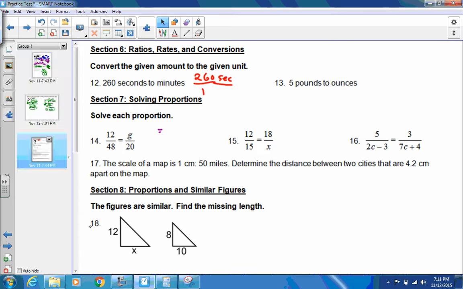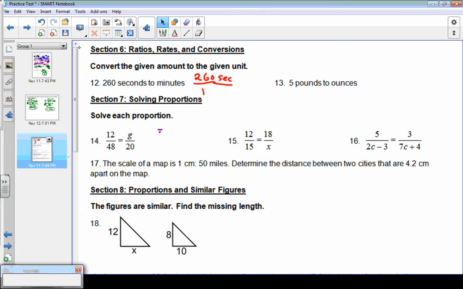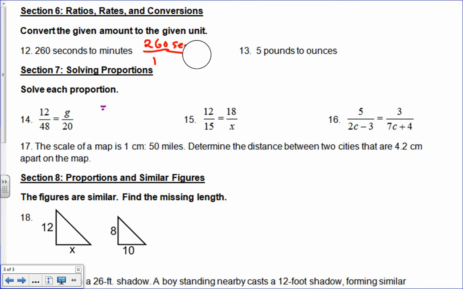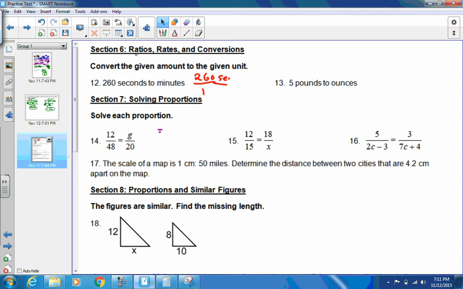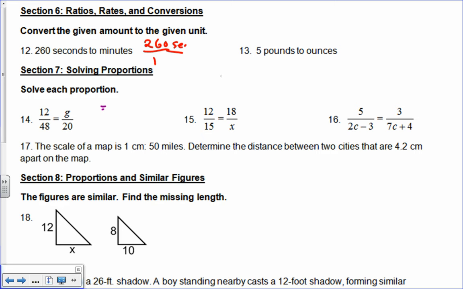Let's have seconds on the bottom and minutes on the top.